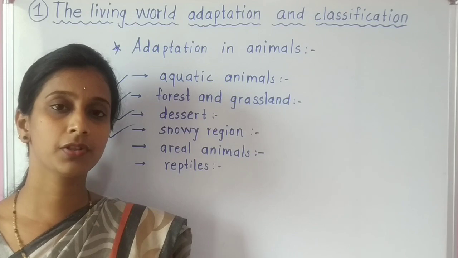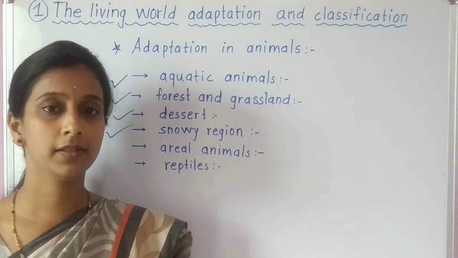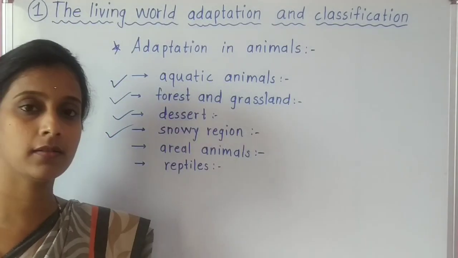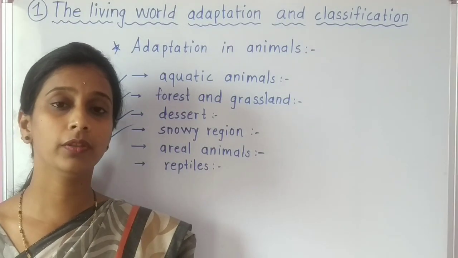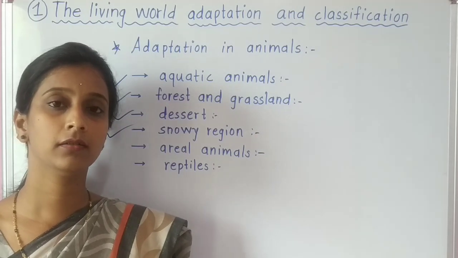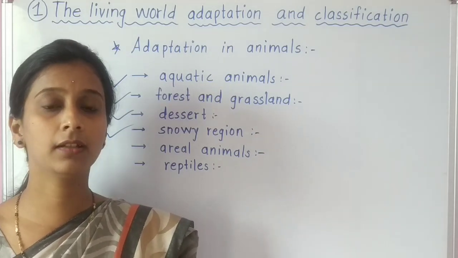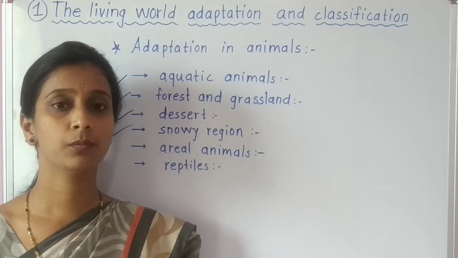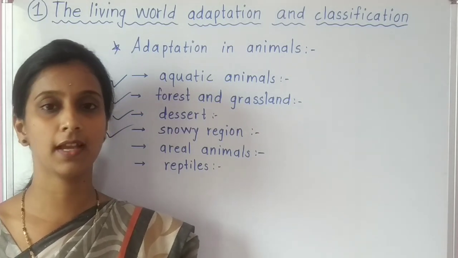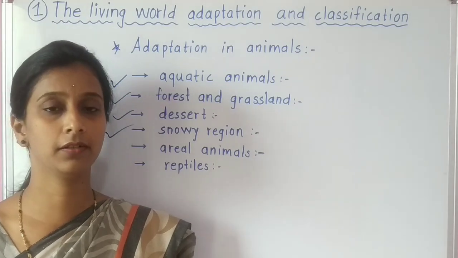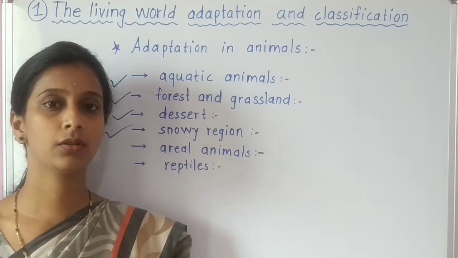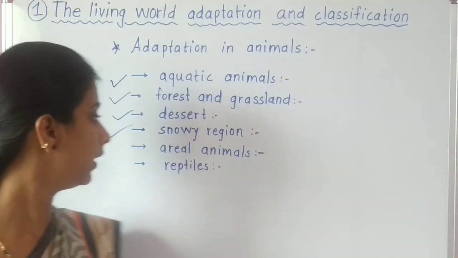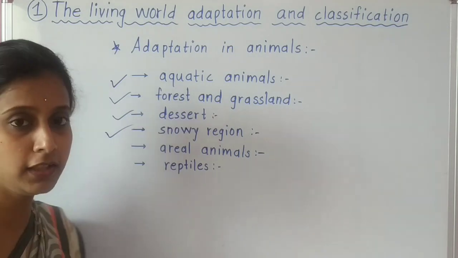The skin layer present in snowy animals is thick. One more important adaptation is that a thick layer of hair is present on their body. Well-known examples are yaks, polar bears, and all these animals. They have colors like snow, either white or silver. This type of adaptation can be found in snowy region animals.